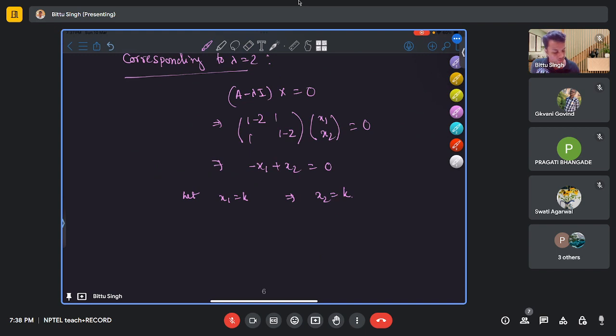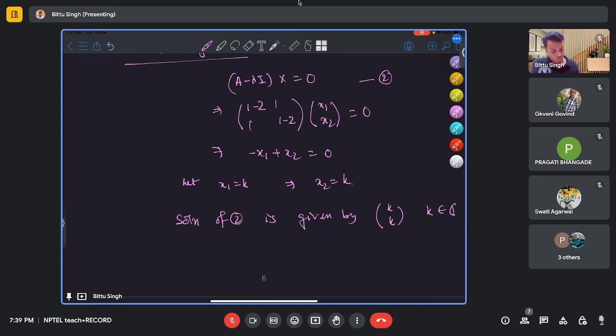Therefore any solution to this system is given by (k, k), where k is any complex number or any real number, whatever is given, and therefore the eigenvectors are again k times (1, 1), but now you cannot choose k to be 0, because eigenvectors are always non-zero.